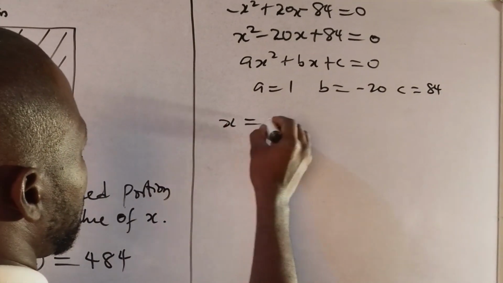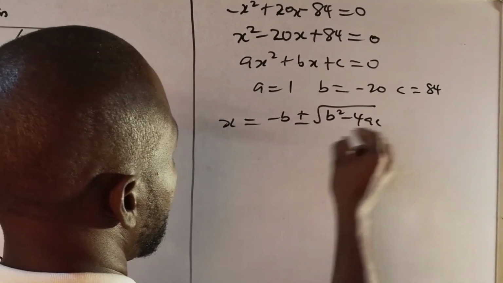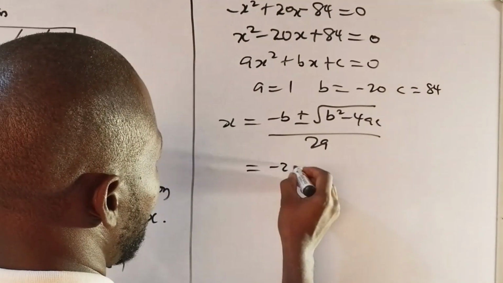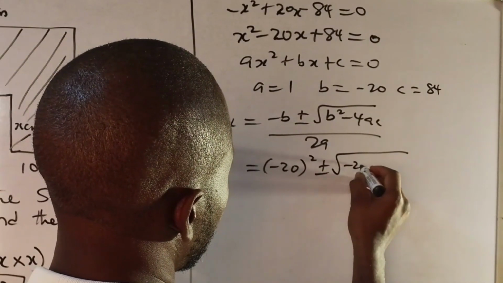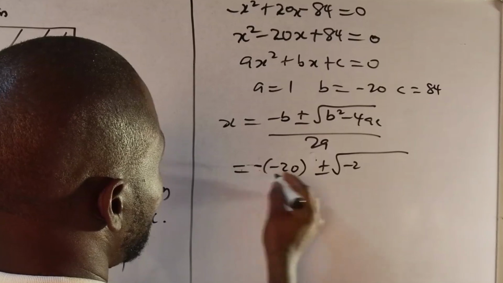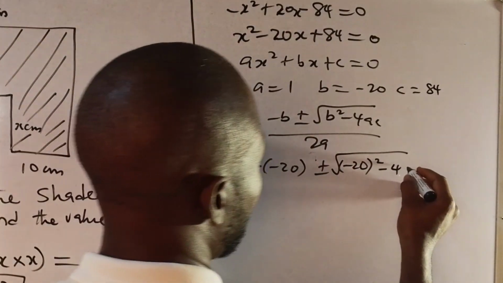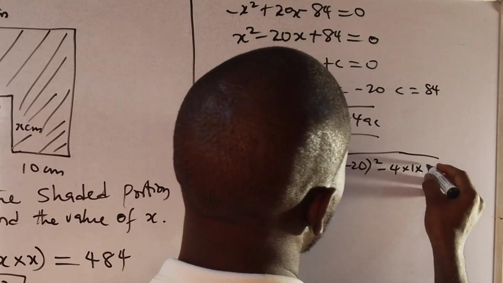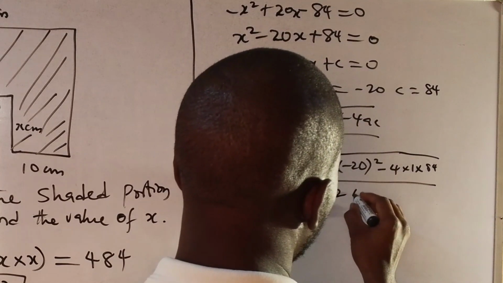So x equals minus b plus or minus square root of b squared minus 4ac over 2a, which is minus minus 20 plus or minus square root of minus 20 squared minus 4 times a is 1 times c is 84, all over 2 times 1.